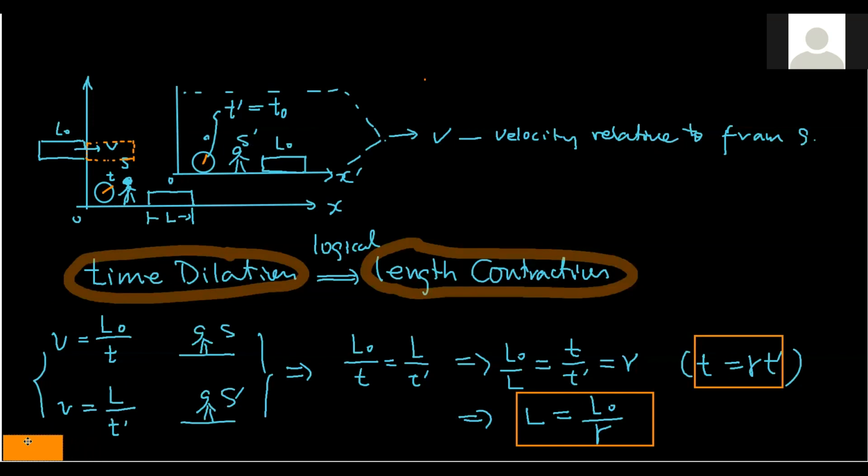If you want to take a note, you just say that the two observers must use their own clock. But these two clocks, according to time dilation, one is slower than the other.